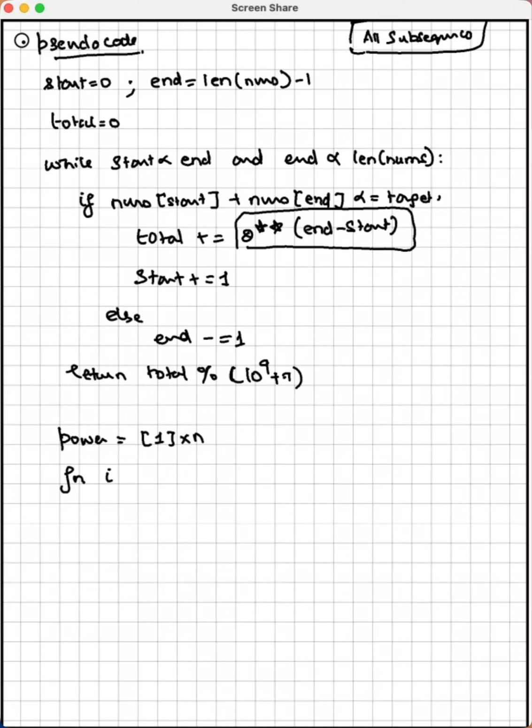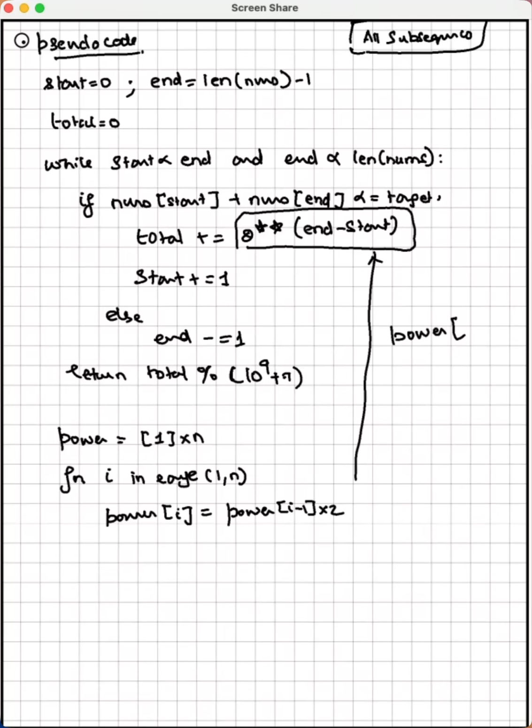So for i in range 1 to n, power at i is equal to power at i minus 1 times 2. Then this part can just become a lookup, power of n minus start. That's all. So that's another good optimization for us to have.